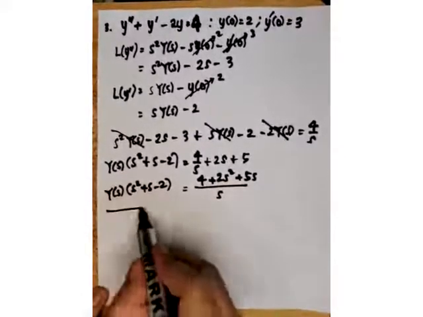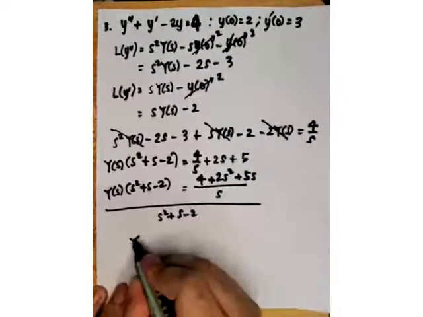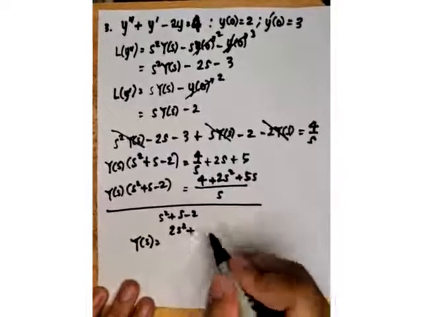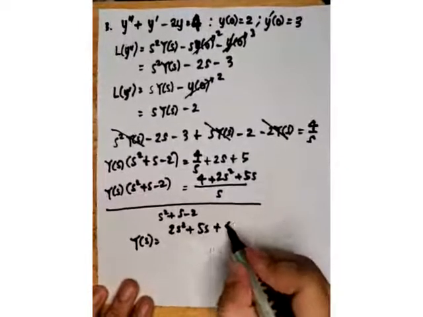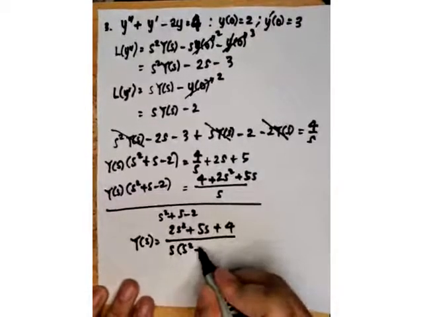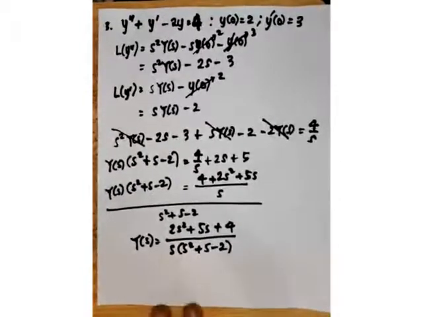Saka natin i-divide yung buong equation ng S squared plus S minus 2. So therefore, Y of S is 2S squared plus 5S plus 4 all over S times S squared plus S minus 2. Okay?